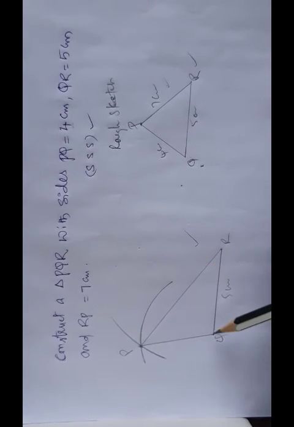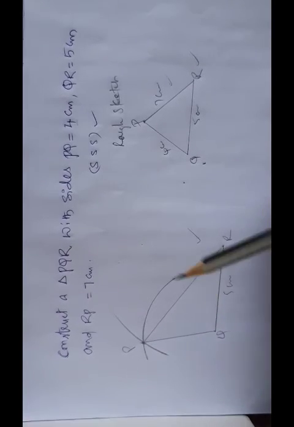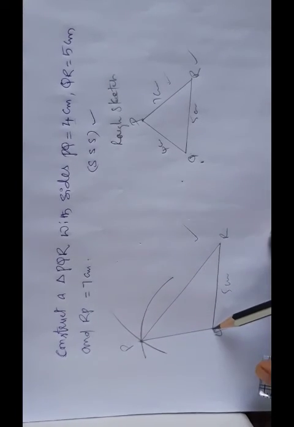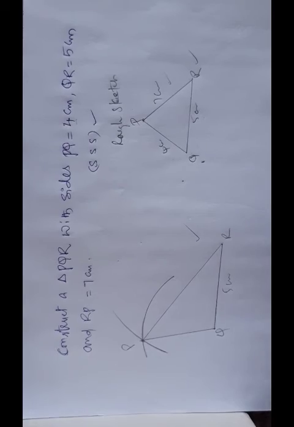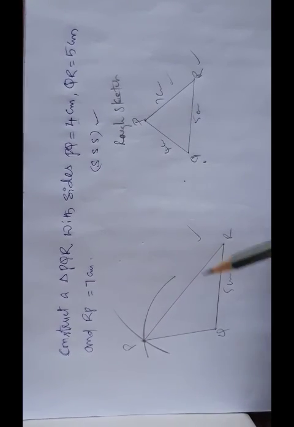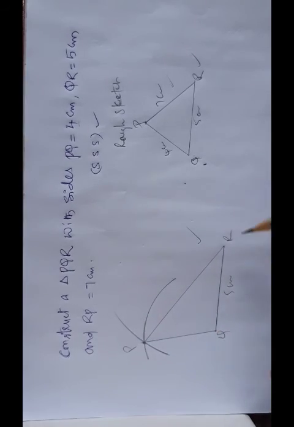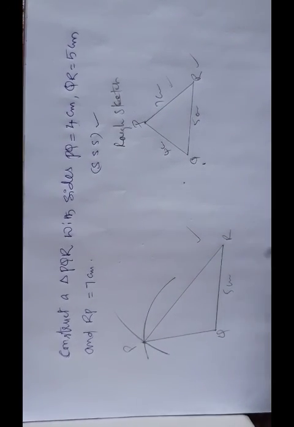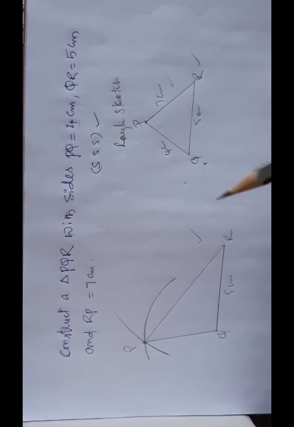Then I measured 4 centimeters, and by using the compass I have drawn one arc from Q. After that I have drawn 7 centimeters from R. Those two arcs intersect at a point, that is P. I joined PQ and PR. So in this simplest manner, we can write the construction steps. So this is the construction of a triangle.